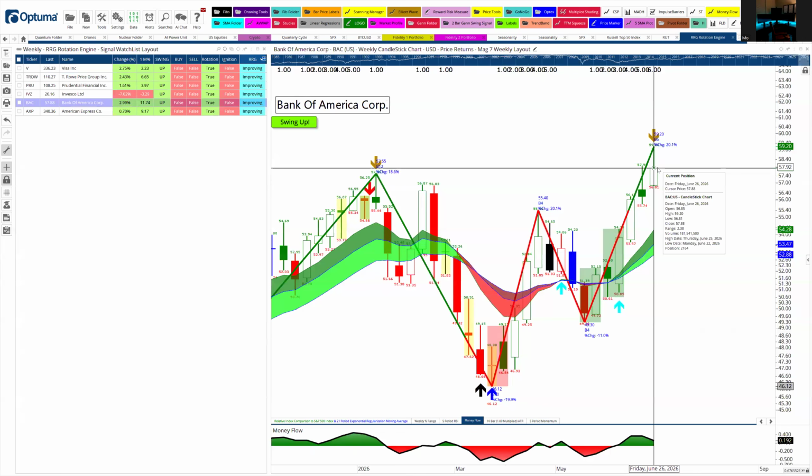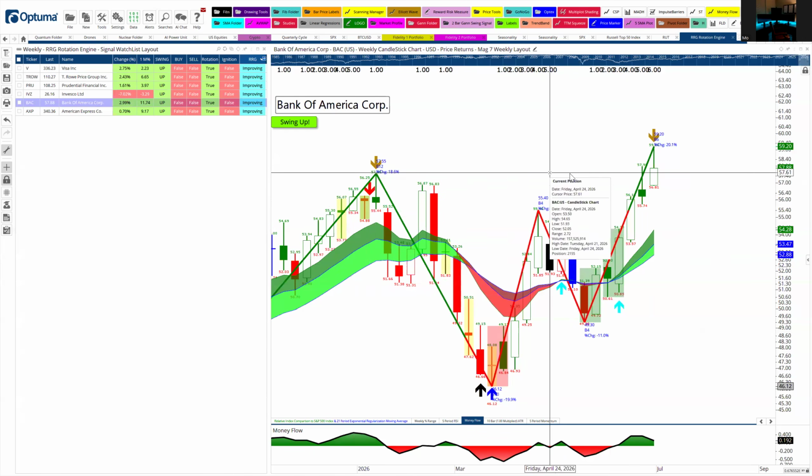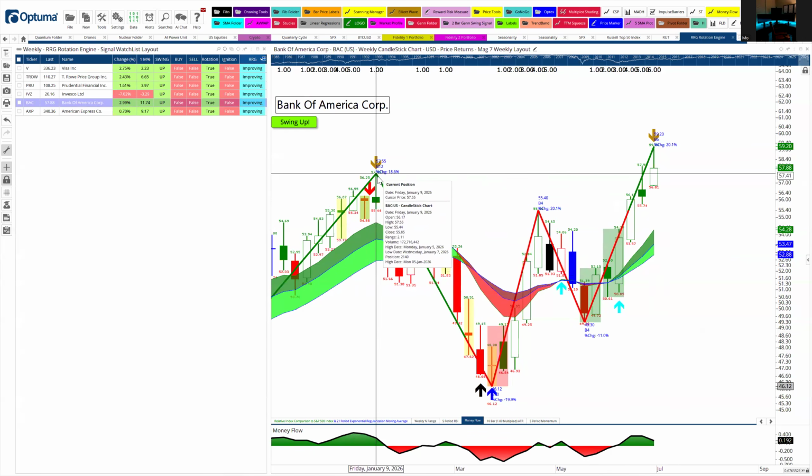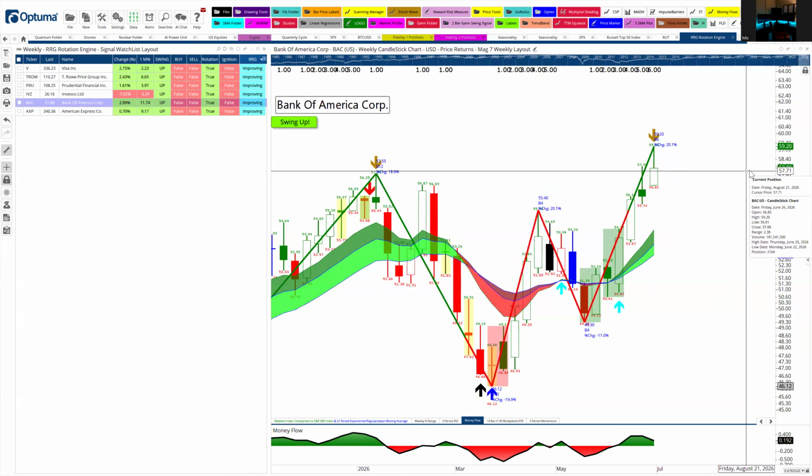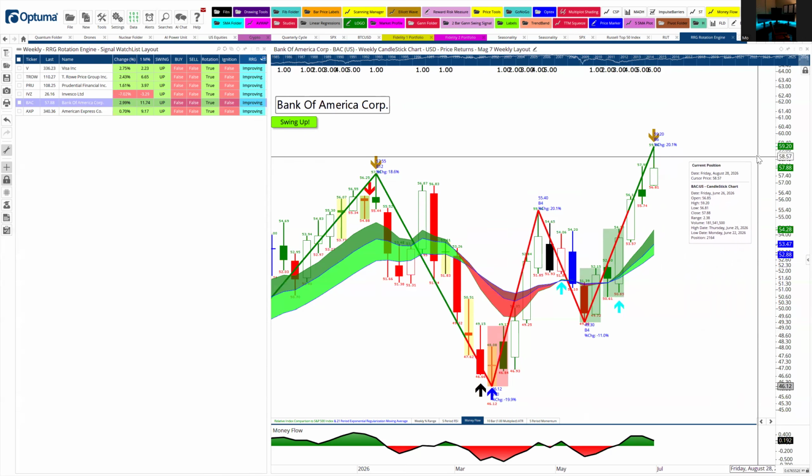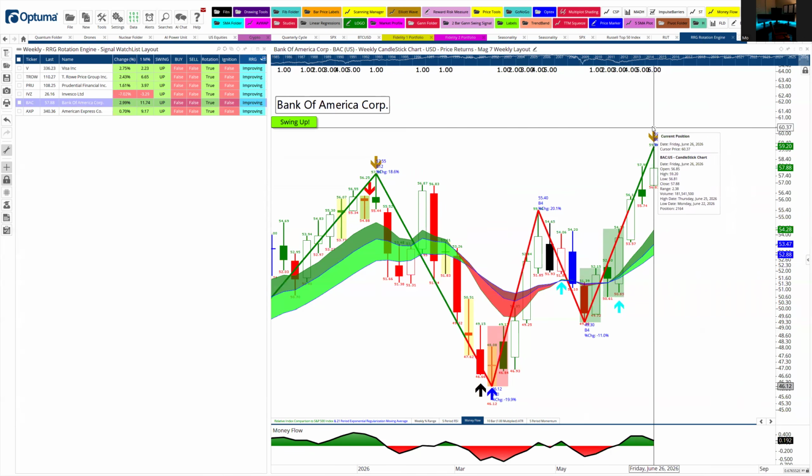Every time you're going to make a new 52-week high, you want to make sure the weekly close is above 57.55, and it closed at 57.88. It would be nice if it closed somewhere around here. But it left a wick.